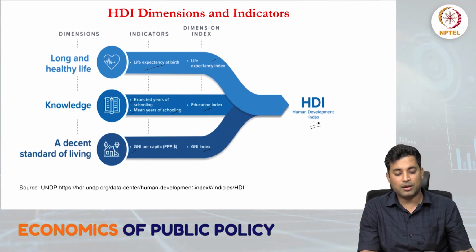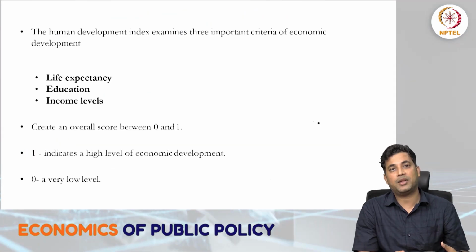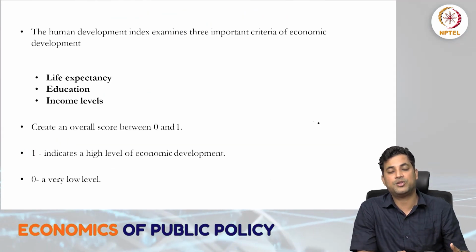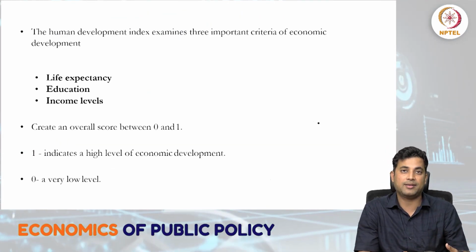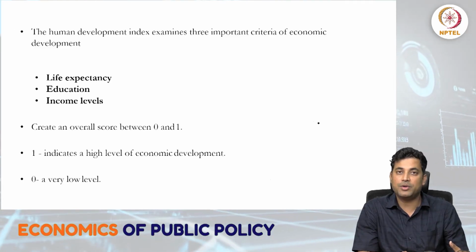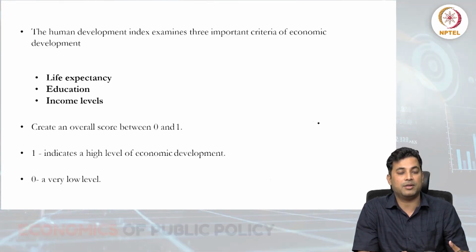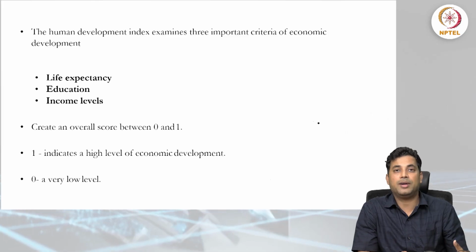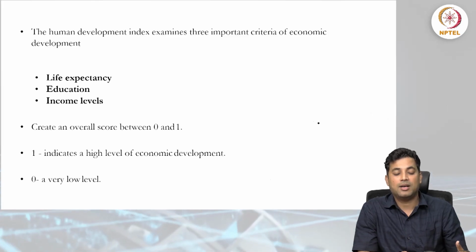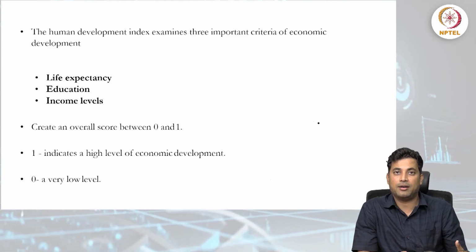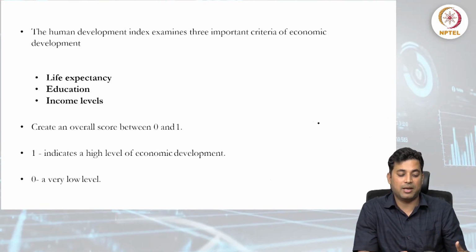Of course, we will not get into the history of the human development index or the theoretical foundations for developing it, but we will certainly discuss the steps used while calculating it.